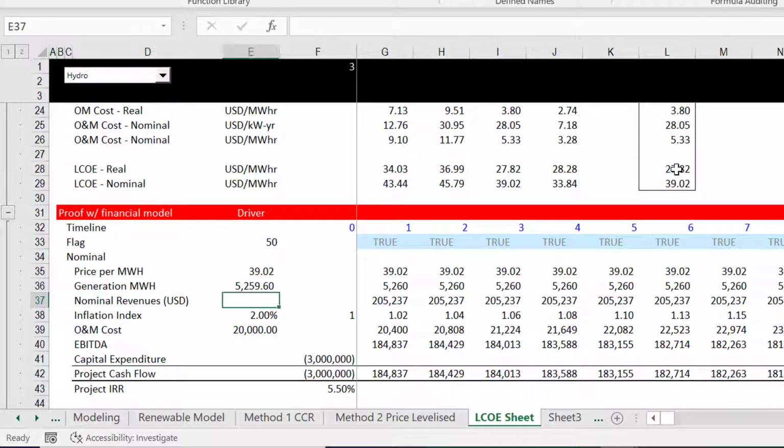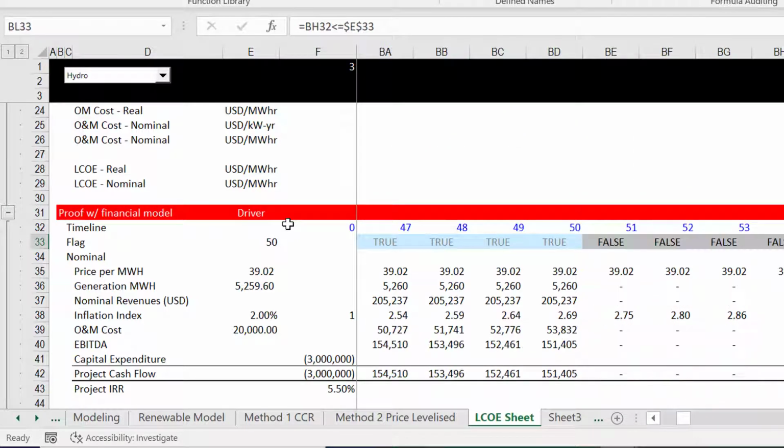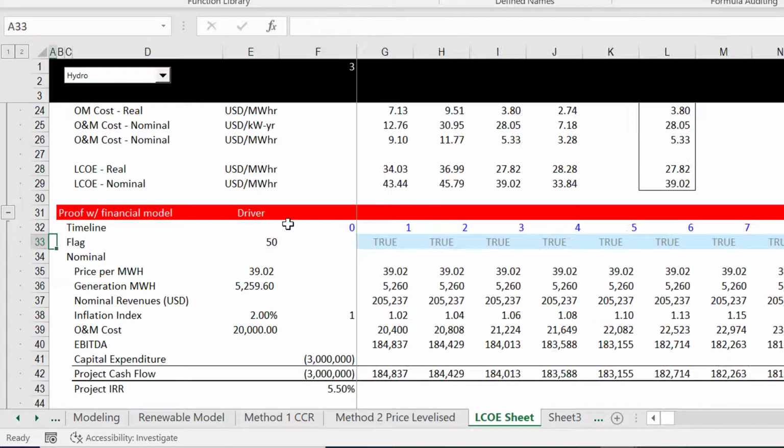And then we correspond the LCOE, the price, to a financial model. So this is our little driver, this is our generation, and the very first thing we always have to do is make sure and put a little flag here and take our price and generation.